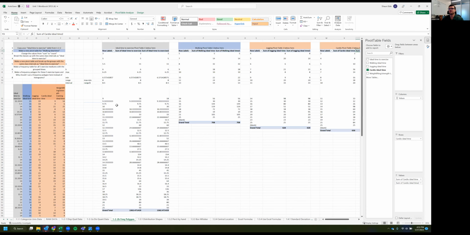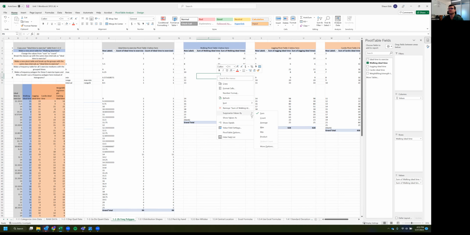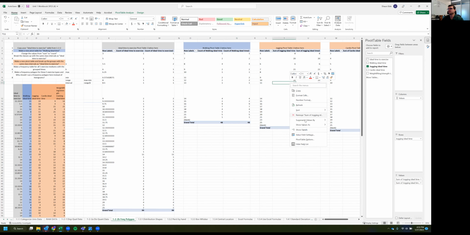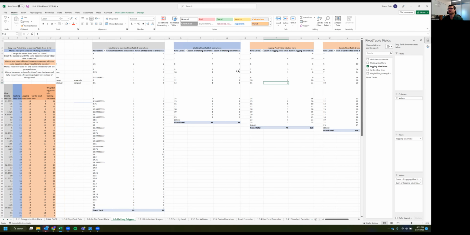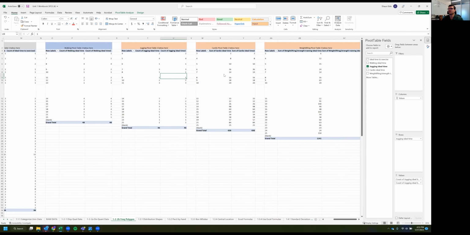So you can spend a minute and do summarize values by count, summarize values by count, over and over again, because we don't want the sum, we want the count. And it's a whole lot easier to do everything all at one time. I know it's really annoying.